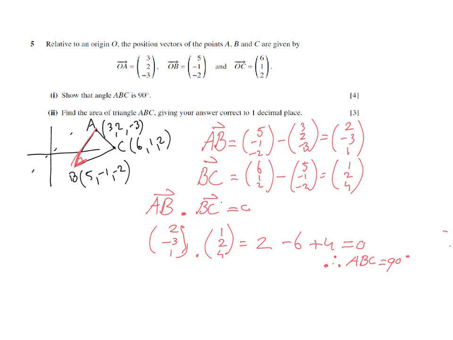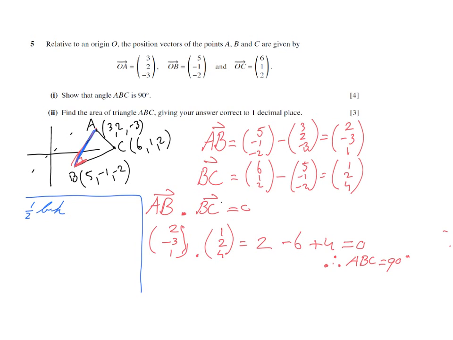The second question: find the area of triangle ABC. Now you know it's a right angle triangle, so how do you find its area? That is half times base times height, and the base and the height make the angle of 90 degrees. So I need to find the size of vector AB.